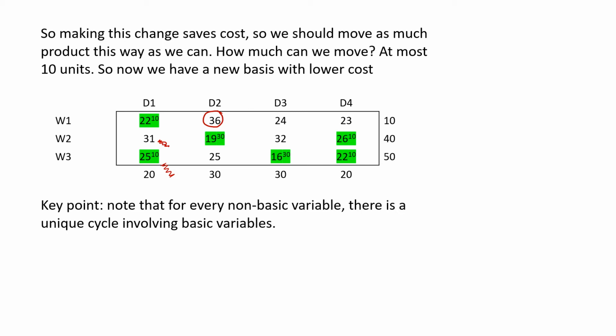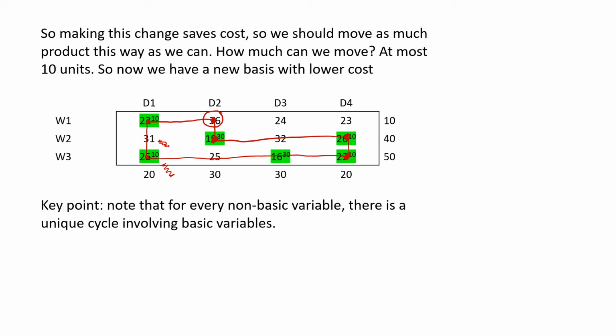Can I build a cycle through that? Well, here's my cycle. I start here. I go over here to this point. Now I start going down. I go over to here. I go up to here. I go back to here and up to there. So you see, I've built a cycle through here that is allowing me to adjust.